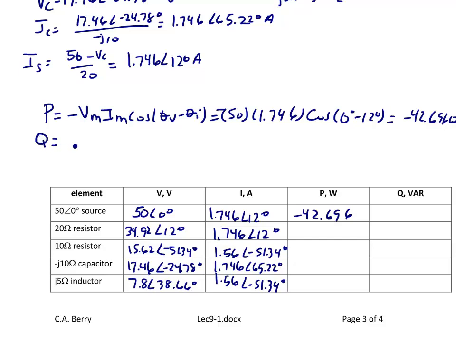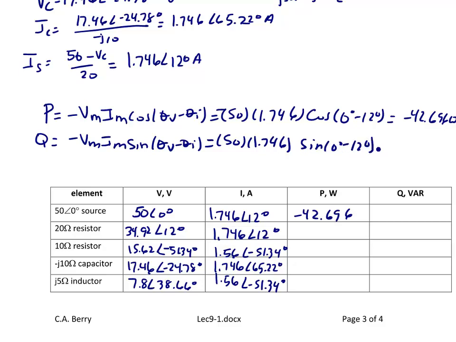Q for the 50-volt source would be negative Vm Im times the sine of theta V minus theta I, which is 50 times 1.746 sine of 0 degrees minus 12 degrees, which is positive 9.075 watts. And we'll put that on the table.